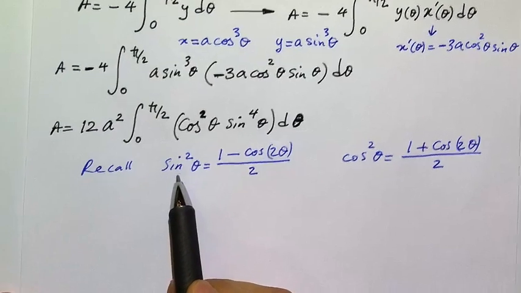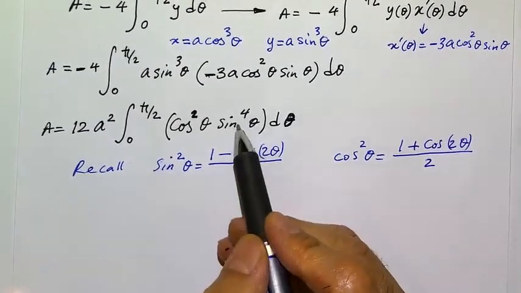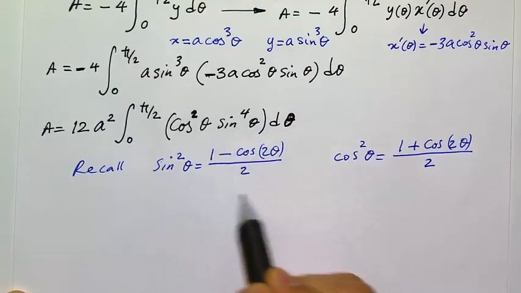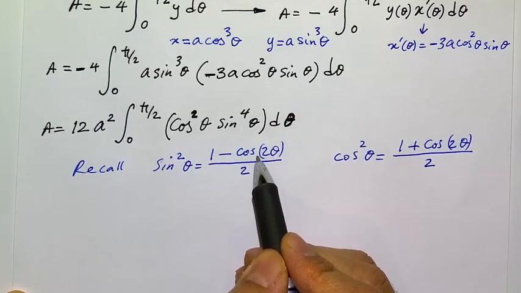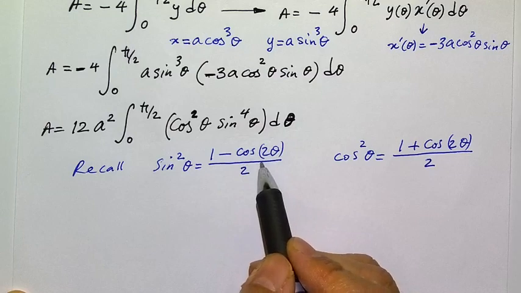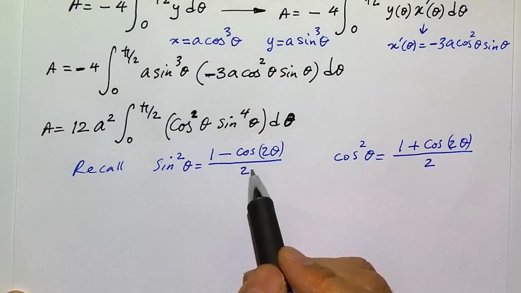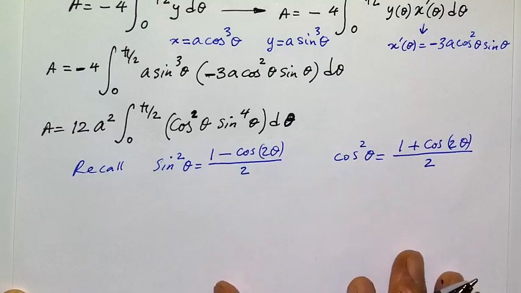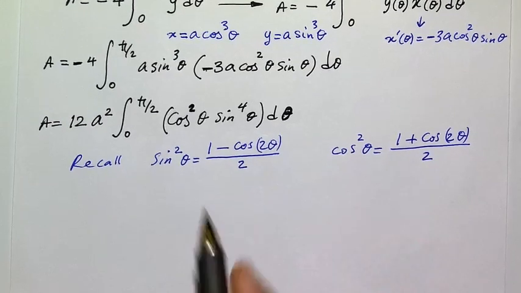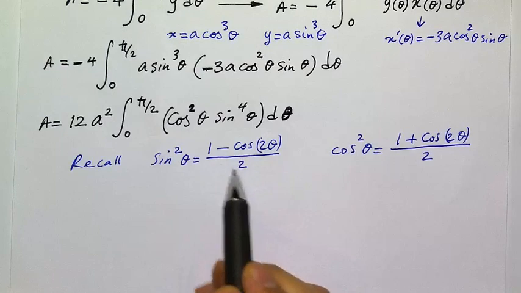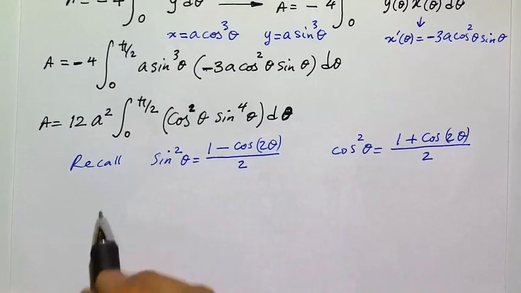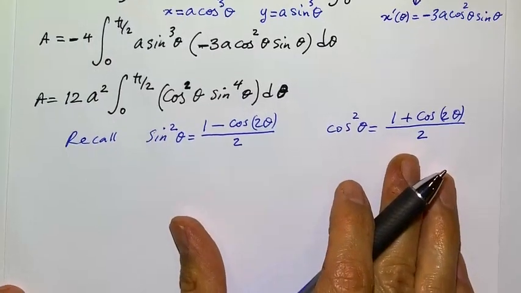Because this is sine to the 4th power and this is sine squared, we need to square this again. That's going to cause a little bit more work for us, but nothing we cannot overcome to get the final result later. So I'm going to replace each of these with the appropriate terms.